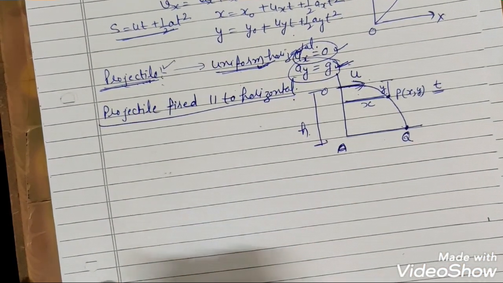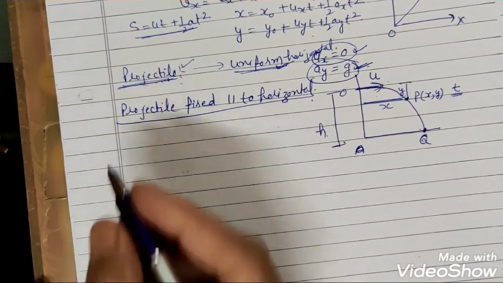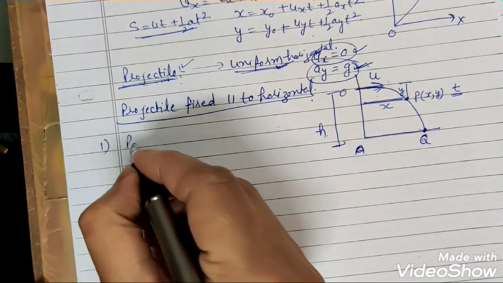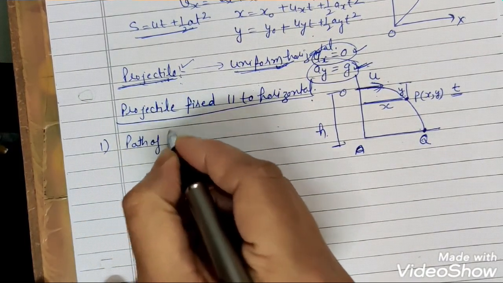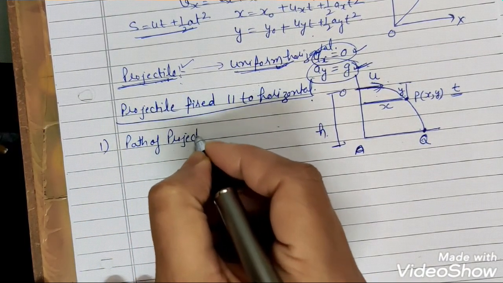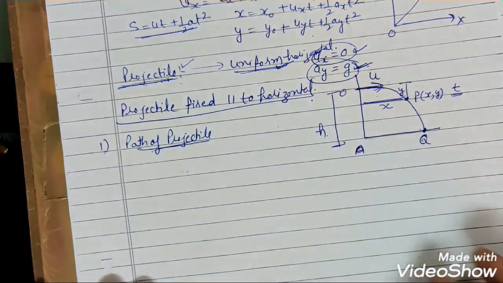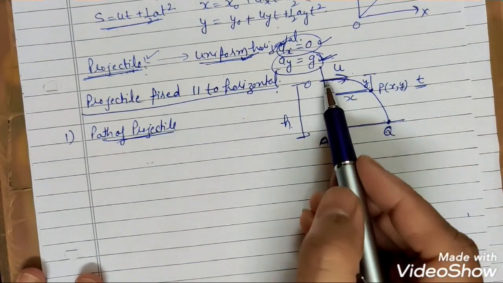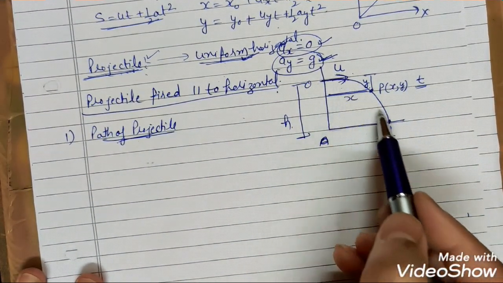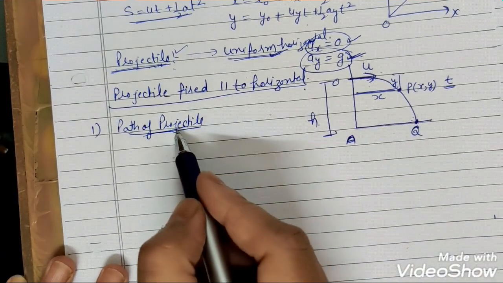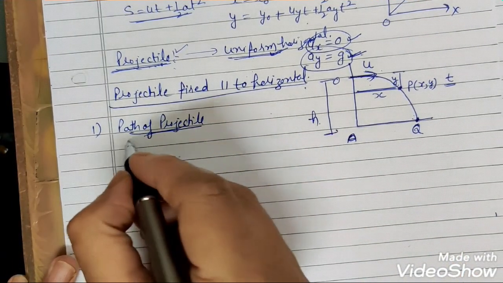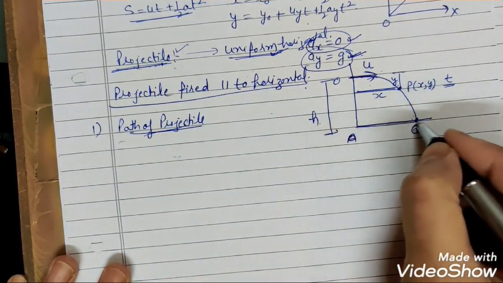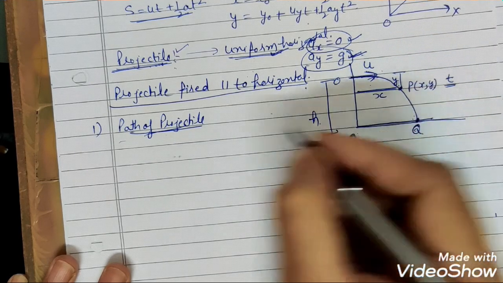We have various terms here. First is the path of the projectile. When this projectile is fired parallel to the horizontal, what is the nature of this path? How do we explain this? It is a combination of two motions, along the x-axis and the y-axis.